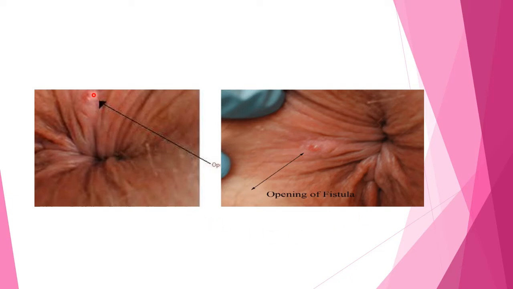This looks like a superficial fistula, intersphincteric or superficial, with the opening here and the anus here. Another opening of the fistula is here, where the patient often has discharge of pus and blood, and it is quite close to the anal margin.